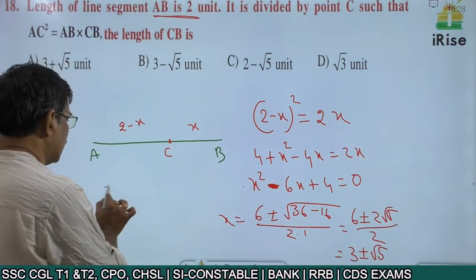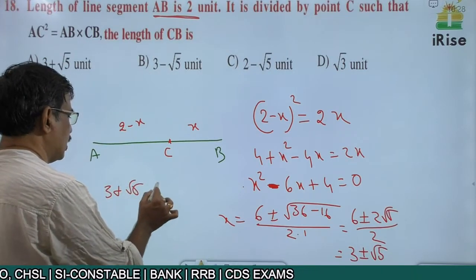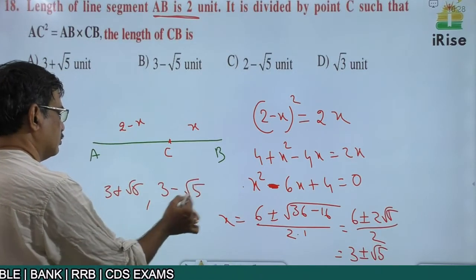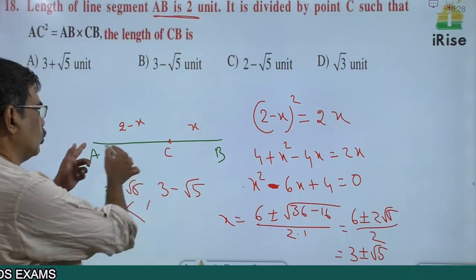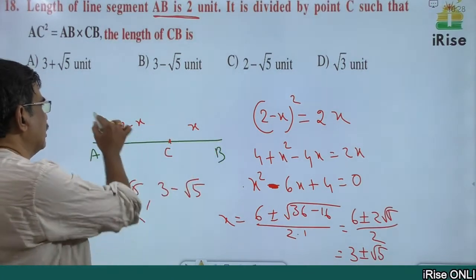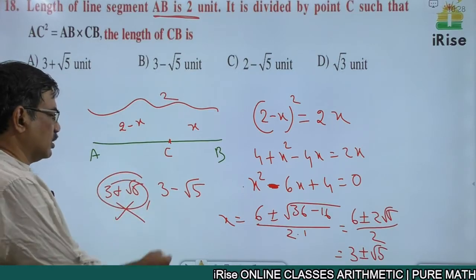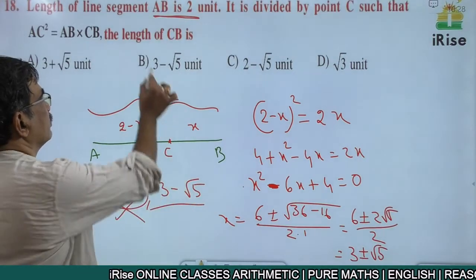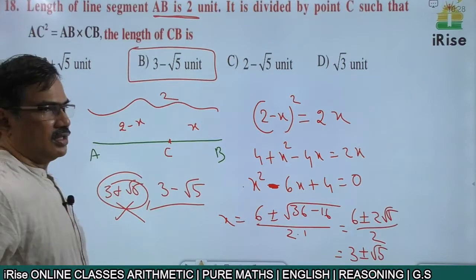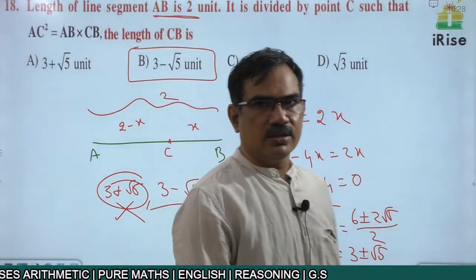So the answer is either 3 plus root 5 or 3 minus root 5. But this is not the answer, because the total length of the line segment itself is 2. How to get 3 plus root 5? This is wrong. So the answer is 3 minus root 5.